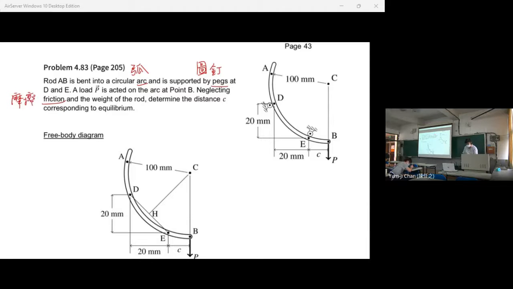Determine the distance C corresponding to equilibrium. It's okay.